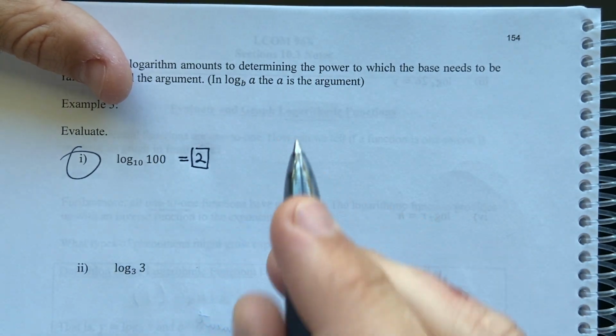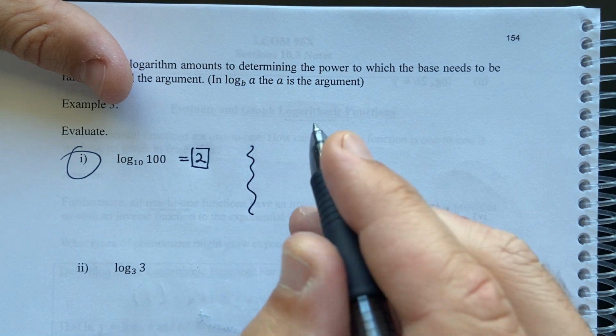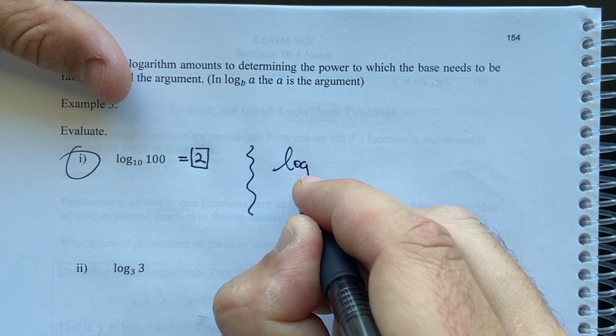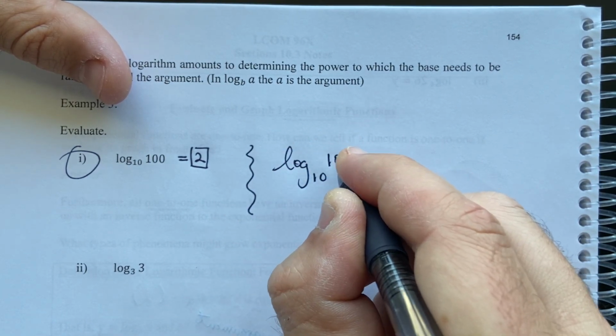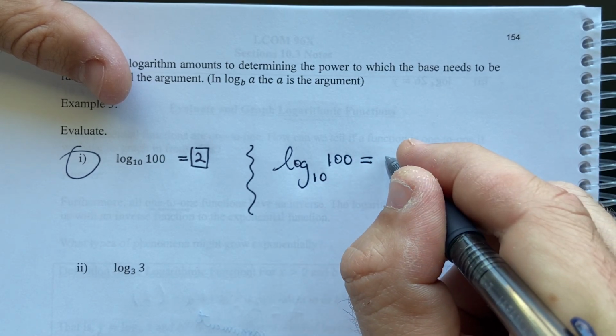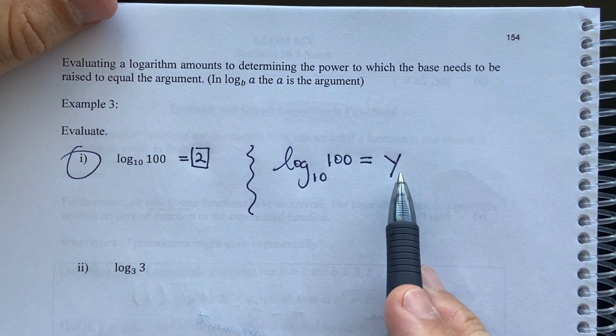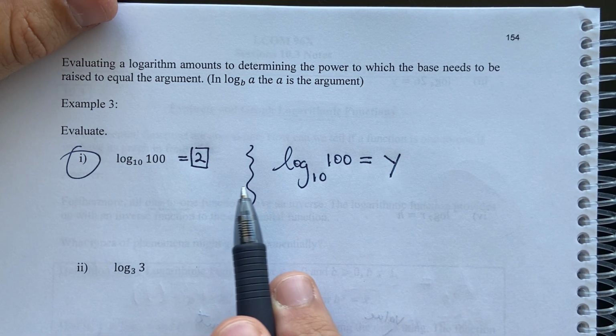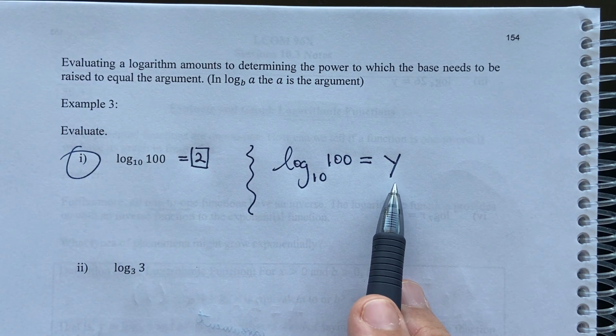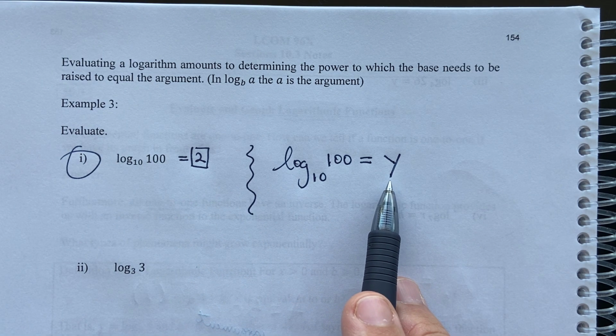But let me explain why. Let's imagine we didn't have the calculator. So log base 10 of 100, let's just call this some number y. Let's say we didn't know that this was the number 2. It is the number 2, but let's just say we didn't know what it was and I call it the number y.